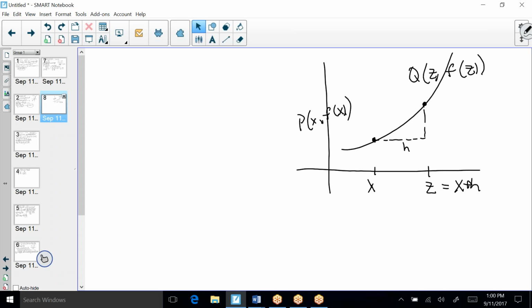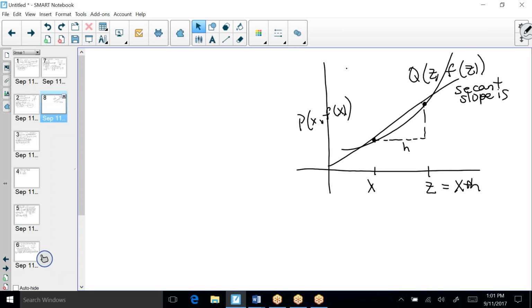And again, just like before, let's look at the secant slope. So let's look at the slope of the line that connects those 2 points. The slope of that secant line from one point to the next point is going to be the change of our y values, f of z minus f of x.